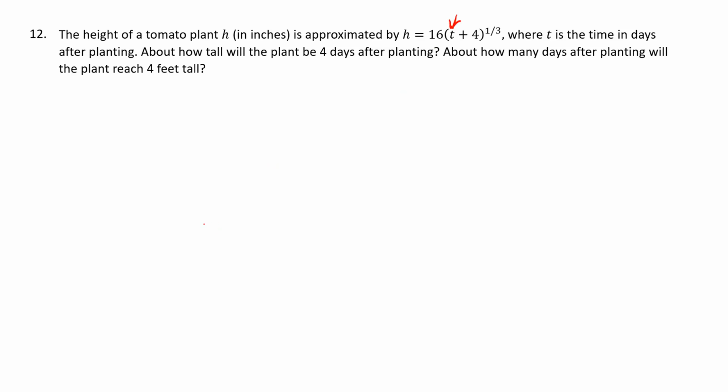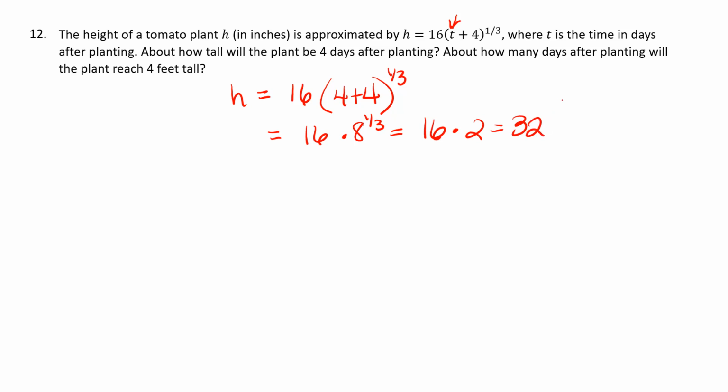So we're going to put that in for T. So we just write the equation, H equals 16 times 4 plus 4 to the 1/3 power. 16 times 8 to the 1/3 is 16 times 2, which is 32. And since H is in inches, we have 32 inches. So that's how tall it's going to be after 4 days.